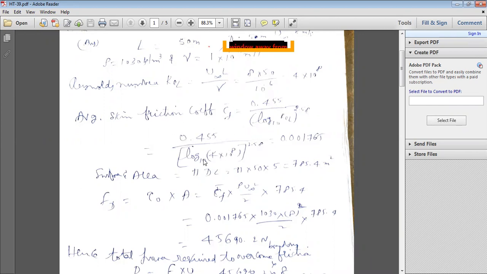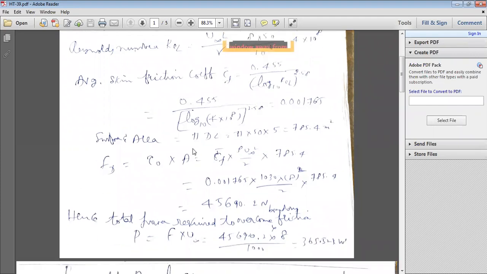If we simplify this, Cf bar comes to a value of 0.001765. Okay? That is the Cf bar value.